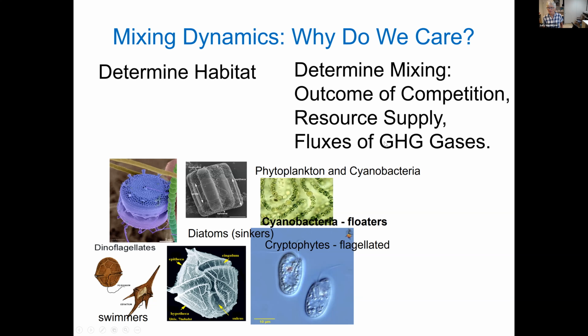And that mixing then is very important. Do we deepen the mixed layer and do we bring up any CO2 or methane that are sequestered at depth? And then the mixing near the surface, that near surface turbulence, is determining the gas transfer velocity that lets those gases go across the air-water interface.